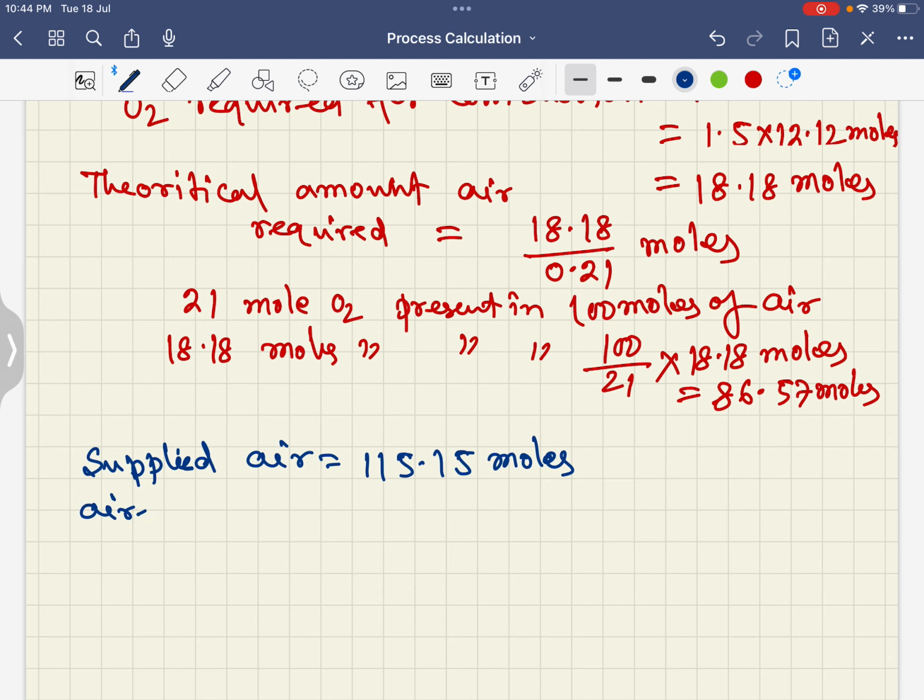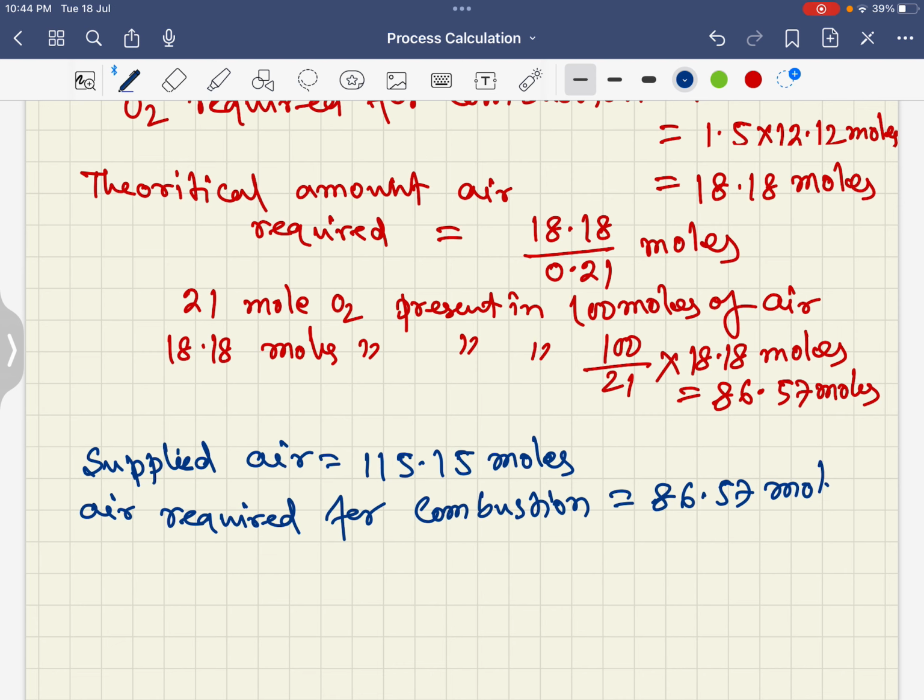Air required for combustion, that is 86.57 moles.